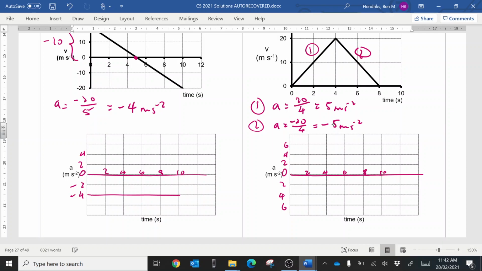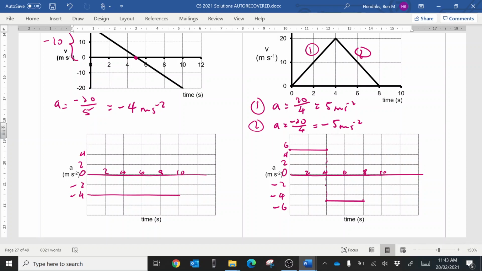For the first part, we go from here to 4 seconds, so it's going to be there and there, at 5. And then because there's an immediate change, it goes down to this point there. So this is our 5 for here and here. Just draw a straight line across like that. So that is -5. Oops, I forgot to put the negatives in there.